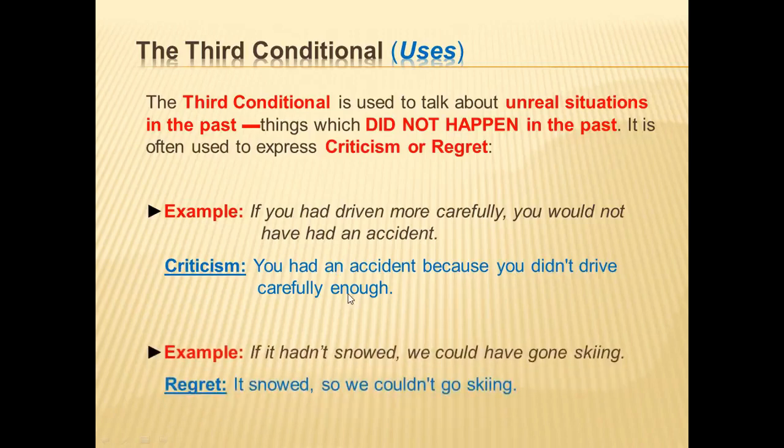One more: if it hadn't snowed, we could have gone skiing. Here we use it for regret. It already snowed, so we could not go skiing, and you can see the snow outside.